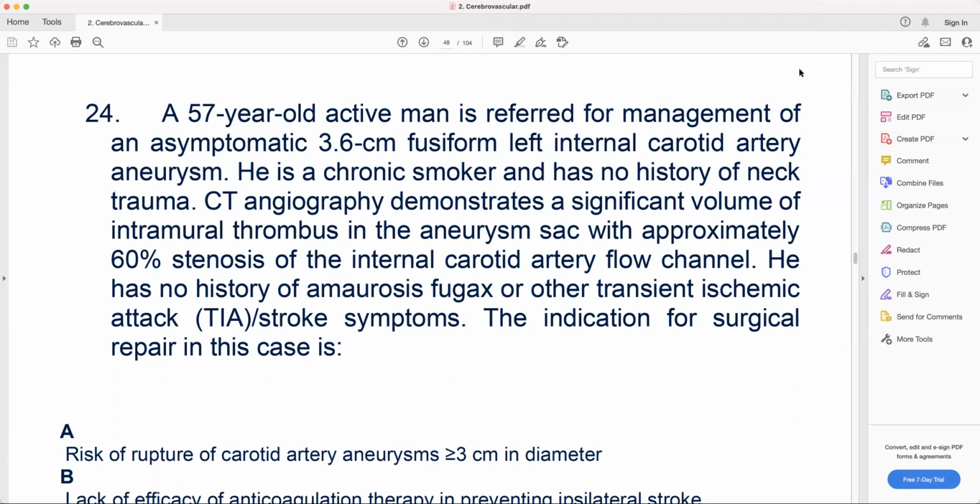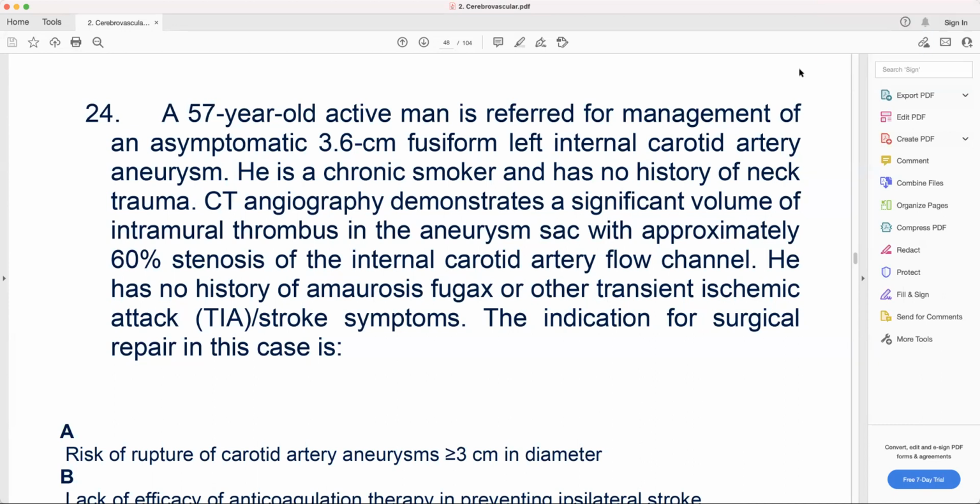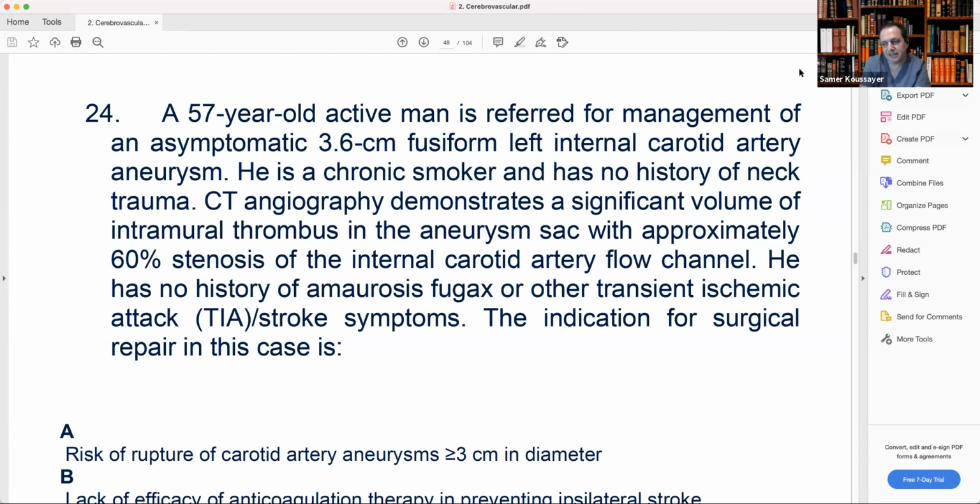Whoever put this question is a nice person, he put 3.6. So it needs to be fixed, no question. For the sizing, it's really controversial. I don't think we have a cutoff. People go with double the size of the internal carotid, because the internal differs from person to person.